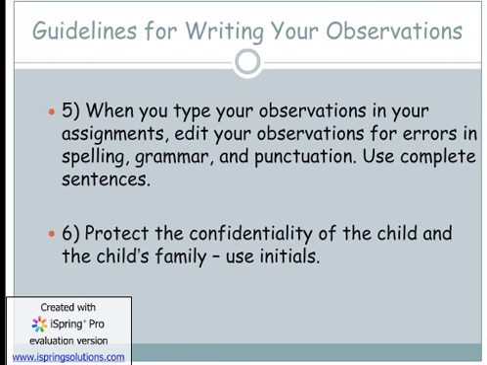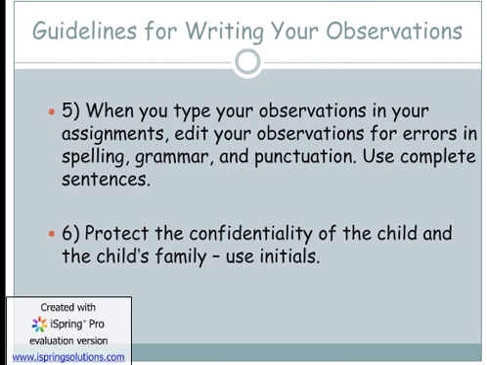Following your observation time, you will complete an assignment in which you will select some of the observation events to turn in. At that time, you should edit your observations for errors in spelling, grammar, and punctuation and use complete sentences. But in real time, while you're making the observation, you can use any kind of shorthand method that works for you.